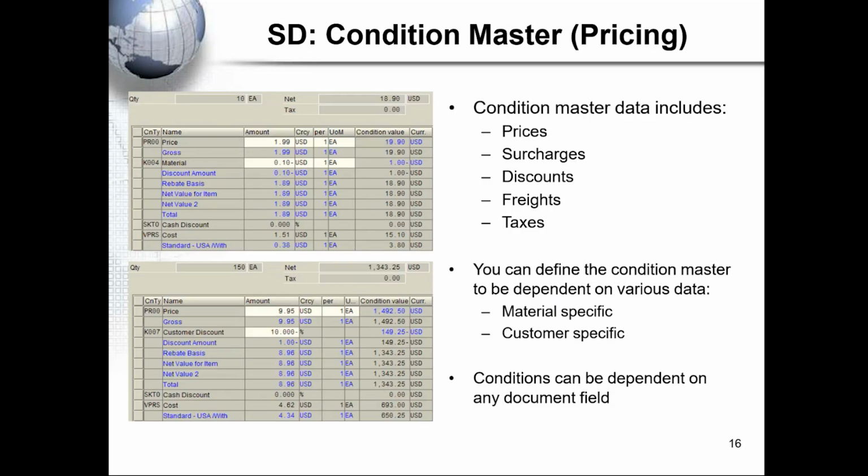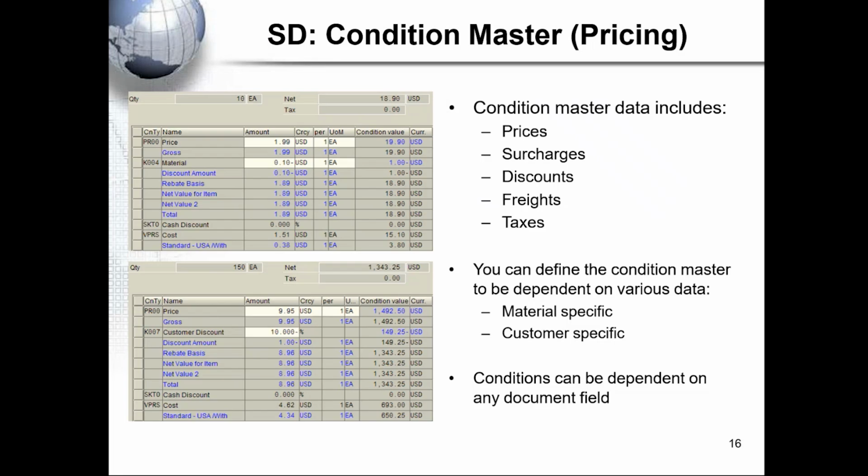And condition master data, the pricing information. The condition master data basically stores information about price, discount, and surcharges. Surcharges means extra charges, freight, loading and unloading charges, and tax rate. We can define the condition master data based on customer and based on material. Not all customers have the same price, and not all materials have the same price.